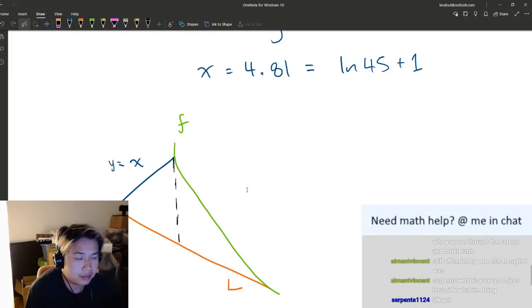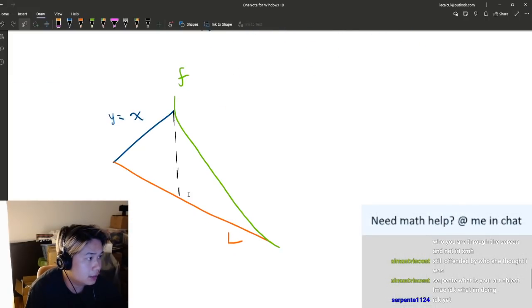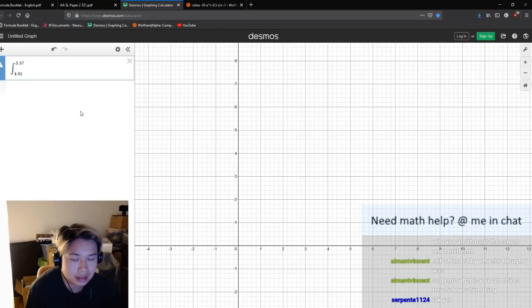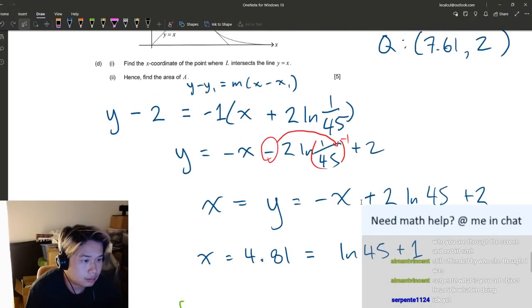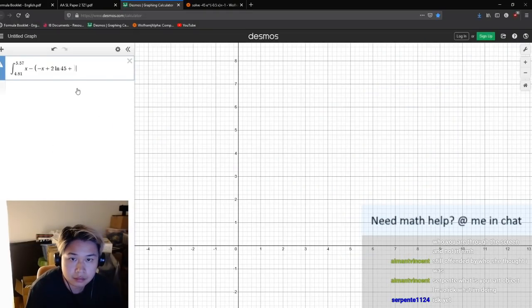And the function that we're integrating is this function minus this function. In other words, it's x minus negative x plus 2 natural log 45 plus 2, dx.